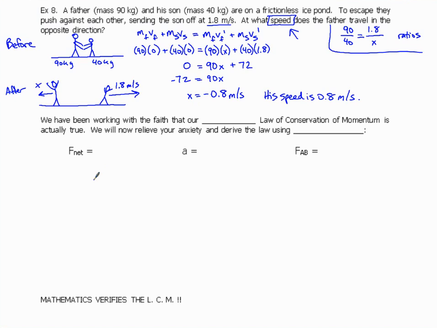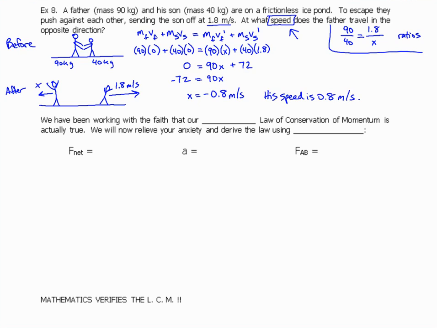This next part is a mathematical proof of the law of conservation of momentum. I don't want to spend a lot of time on video talking you through it, and I don't want to place a lot of emphasis on this.